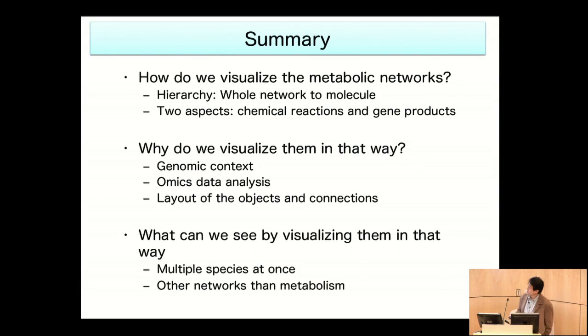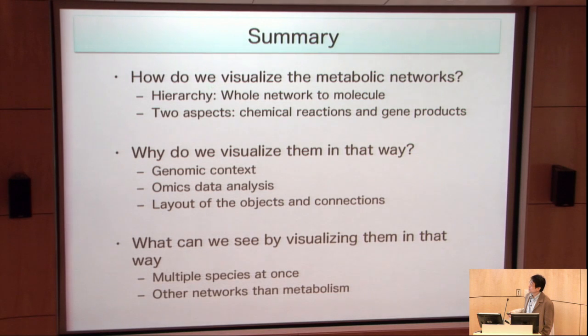So I'd like to summarize my talk here. So the first question, how do we visualize the metabolic networks? We use a hierarchical representation from whole networks to the molecules. And we use two aspects, the chemical reactions and gene products for each enzymatic reaction.